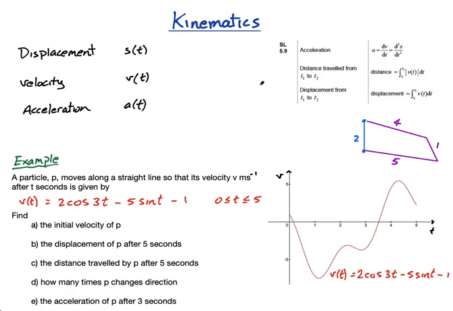Fine. Velocity and speed, they are also very closely linked, but one of them has direction and one of them doesn't. So I'm going to use this analogy for my example here. Imagine we're driving in a car and we're going, let's say, 100 kilometers an hour this way.